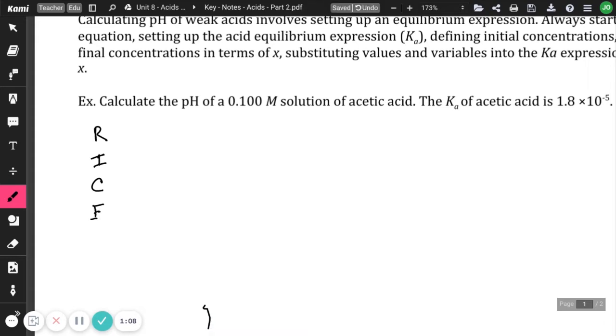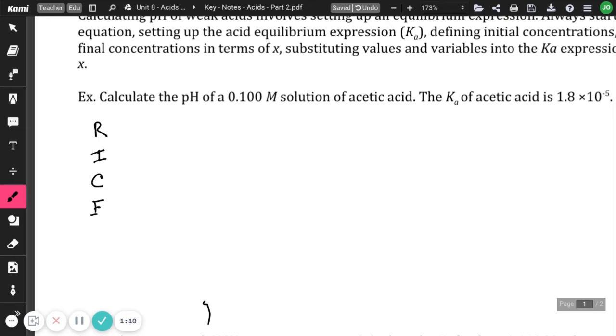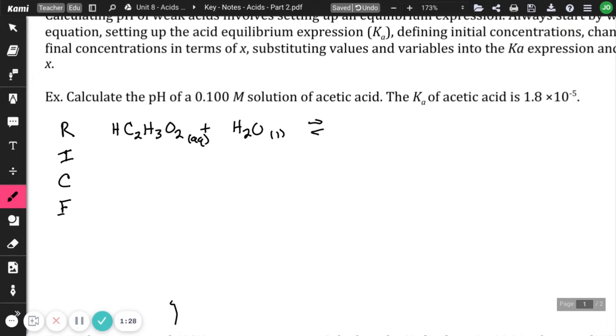Our reaction is we've got some acetic acid, HC2H3O2, and it is in a solution, so we can add our water here. Now remember, water is a liquid. The acetic acid is aqueous. And in our reversible reaction, we're going to produce that hydronium ion and acetate.